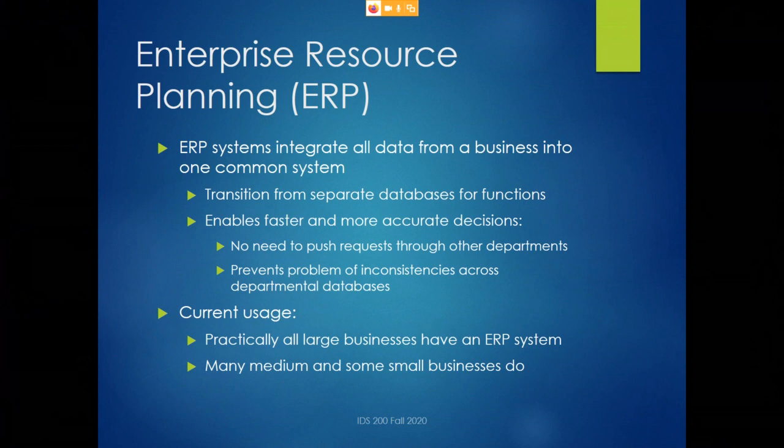They don't have to be pushed specifically through other departments. It also prevents the problem of inconsistencies across departmental databases. Essentially, any data that exists in ERP is only going to exist in one place, so you don't have the problem that one department might have a record that differs from another.